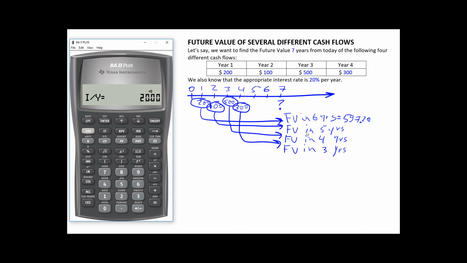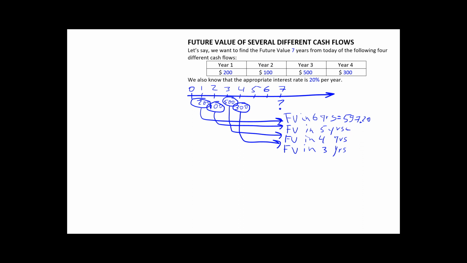We want the future value after 5 years, 5 N, and we are computing the future value, $248.83.